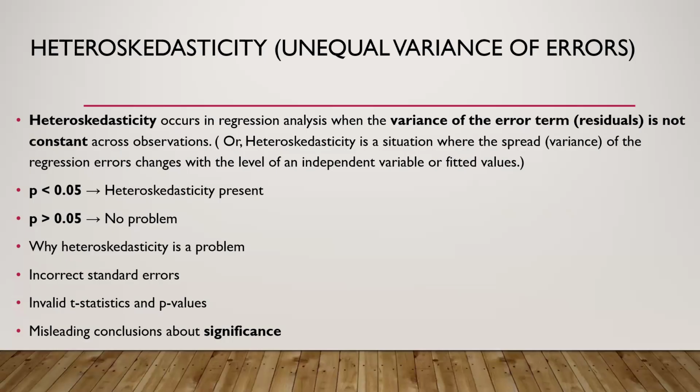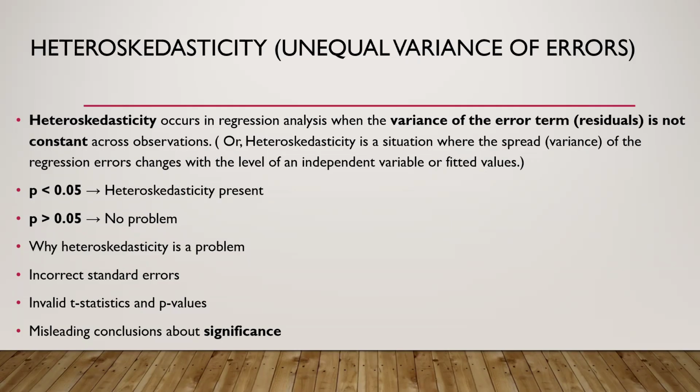Sometimes when you begin to add more independent variables, like in multiple regression, there is a tendency of heteroskedasticity in the result. The boundary says that when the p-value is less than 0.05, then heteroskedasticity is present. When it's greater than 0.05, there is no problem of heteroskedasticity.